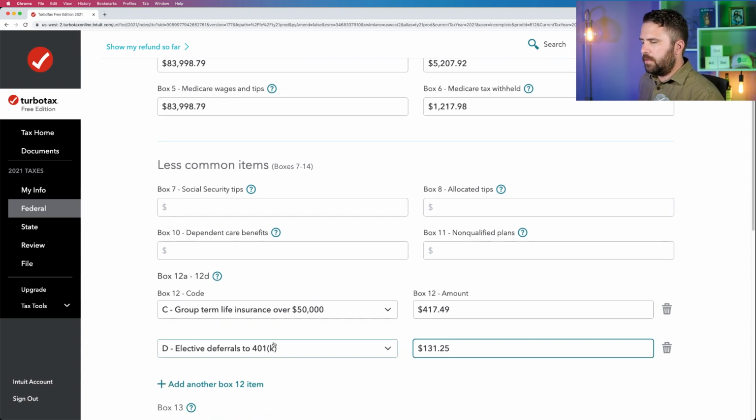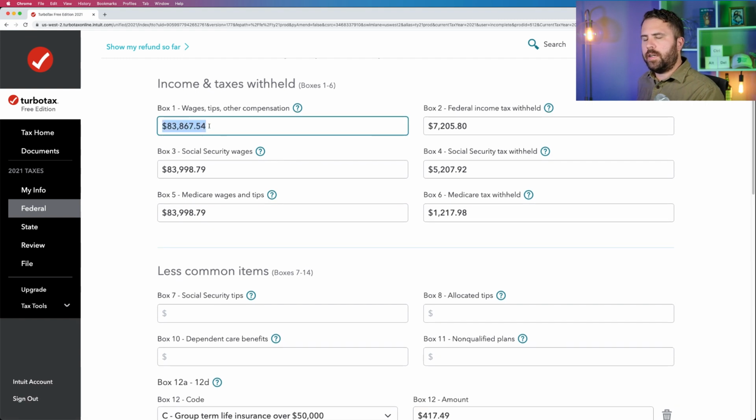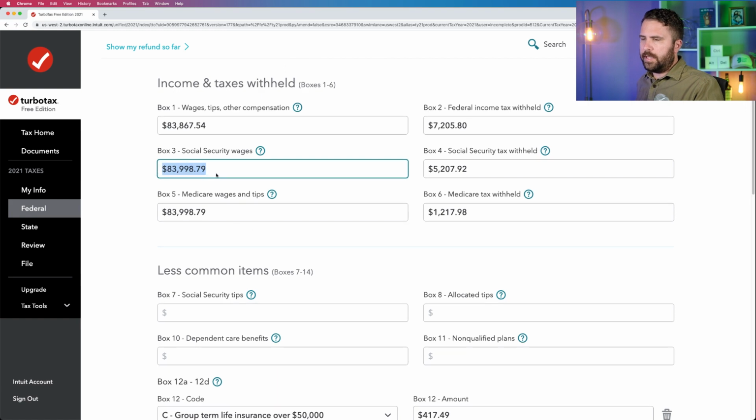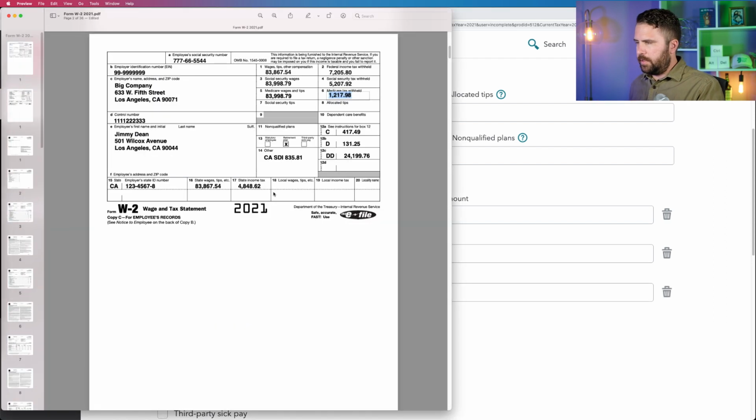Because when you contribute to a 401k, you're reducing your taxable income. This is the number that's going to go on your tax return, right? You're going to pay income tax on. But it doesn't reduce your Social Security or Medicare wage base, right? So that's why this minus this equals 131.25. It's probably beyond the scope of this, but just want to let you know that.